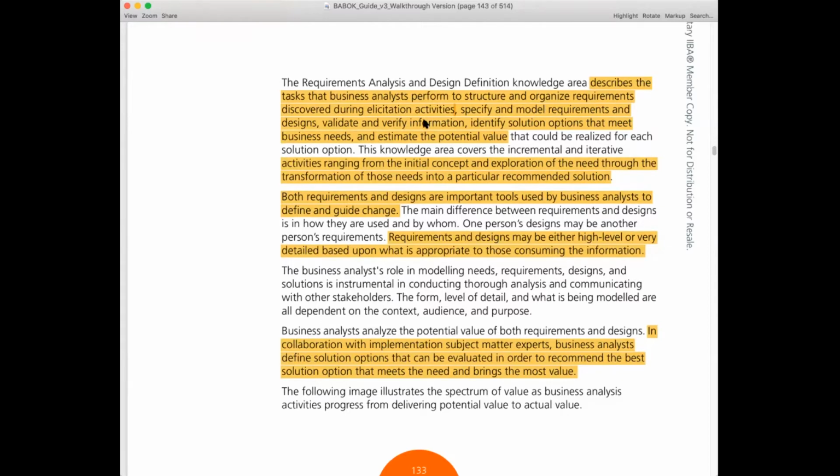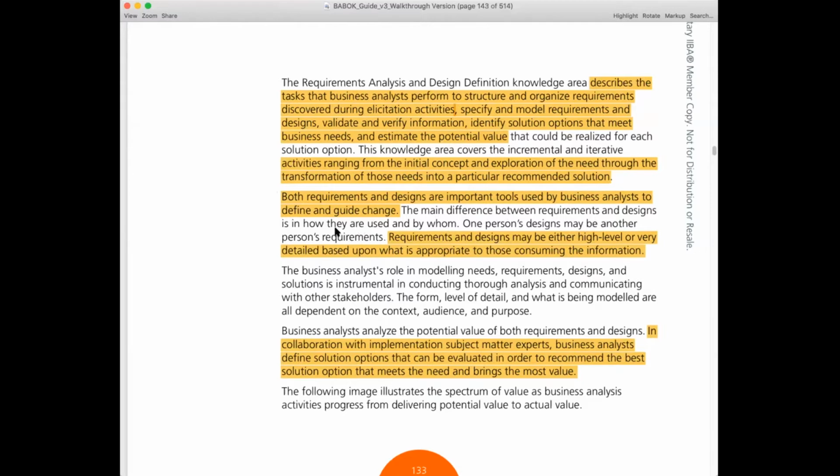So that's how we're going to be specifying and modeling them, validating them, verifying them, identifying solution options that meet the needs, and then estimating the potential value for each of those requirements that we have elicited. A lot of the activities can range from the initial concept all the way through the exploration of the needs through elicitation, and then transforming those into a particular recommended solution.